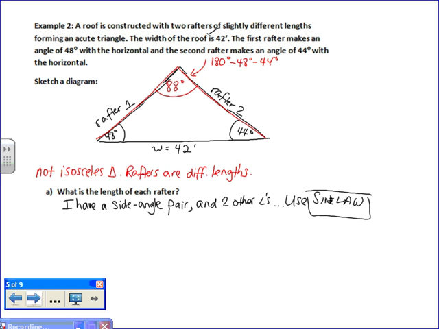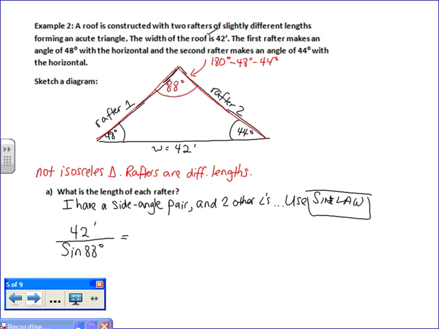What I see here is that the ratio that I know is that W, or 42 feet, is across from 88 degrees. So that's going to be the sine of 88 degrees on the bottom.